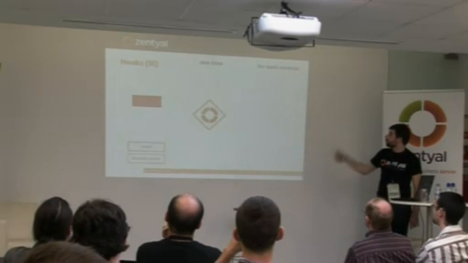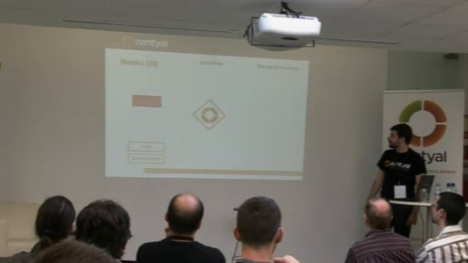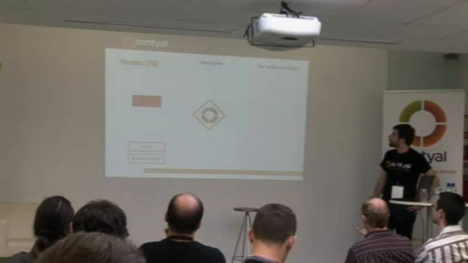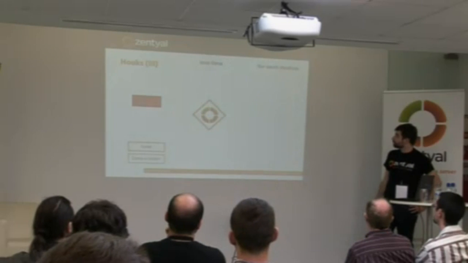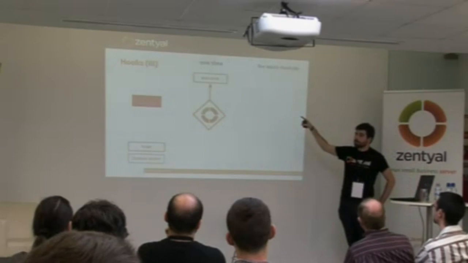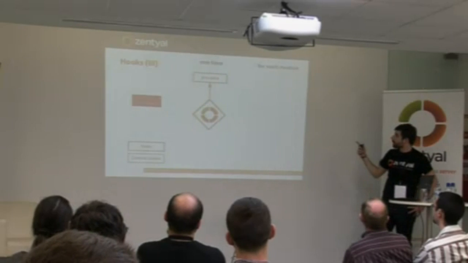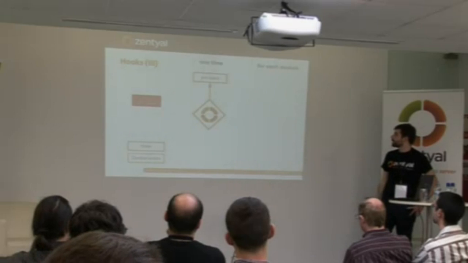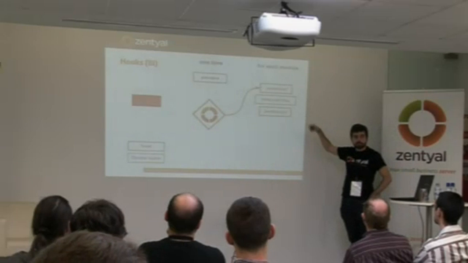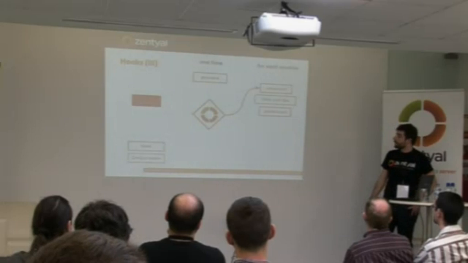So let's see how it works. The color code: in red is a hook, in green is a Zentyal action that is always run. When the user saves changes, the first action is that Zentyal checks every hook in that folder, which we saw before, and runs them every time the user saves changes. After that, and before writing config files from templates, it calls every pre set conf hook.